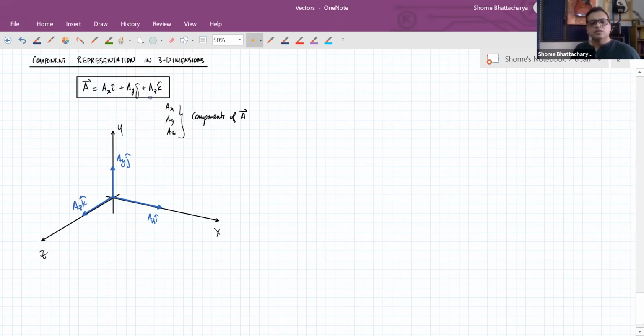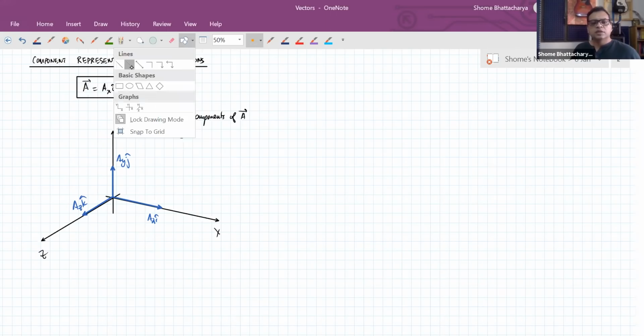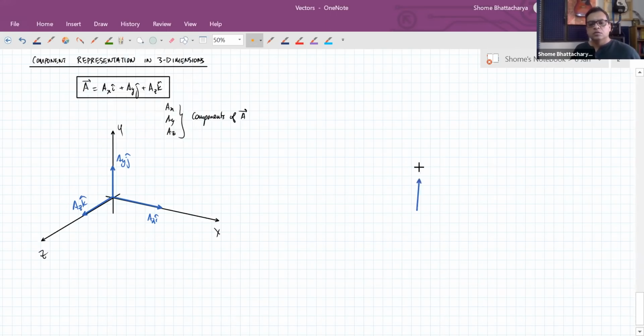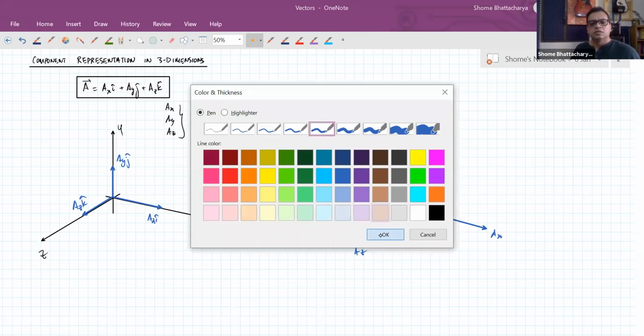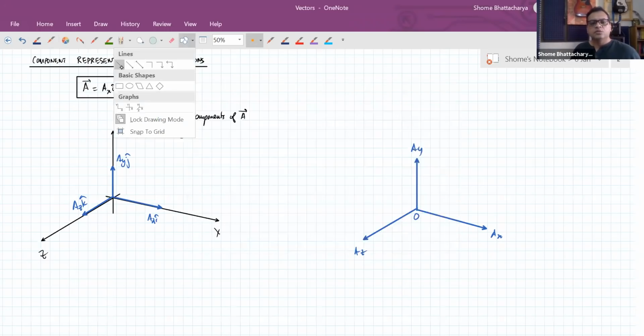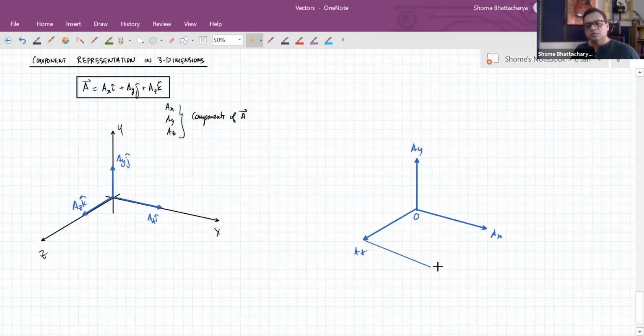Now if we want to understand what the vector A is over here, what we actually have to do is visualize something like a rectangular or cuboidal box whose 3 consecutive sides are ax, ay, and az. Just visualize a rectangular box like this.